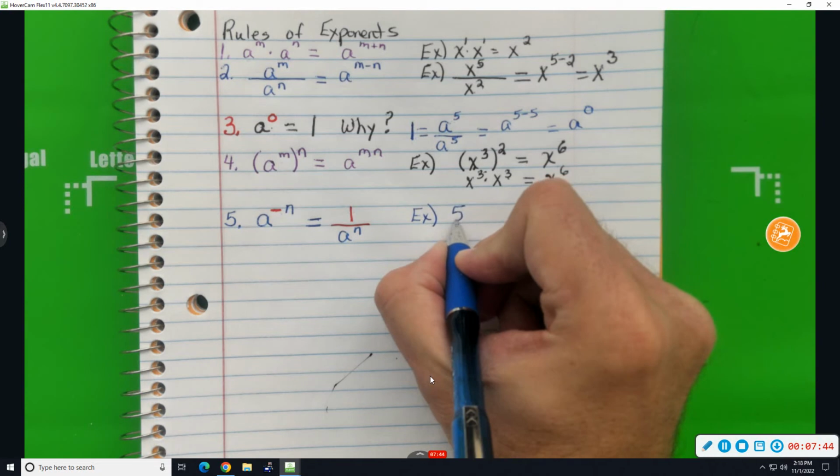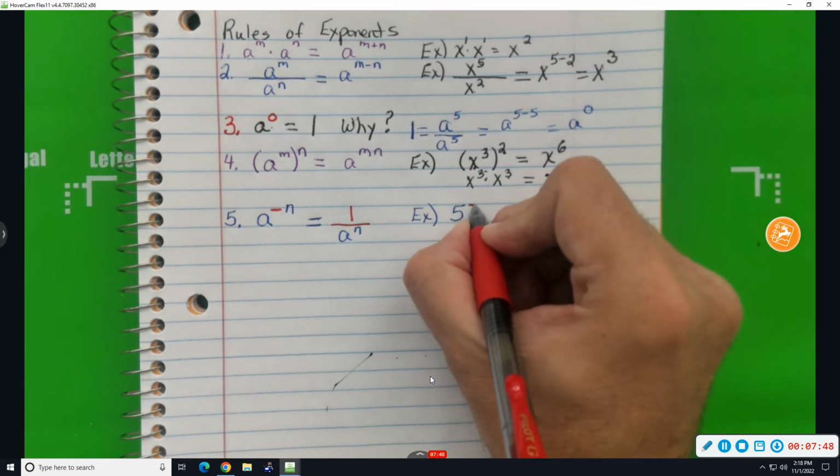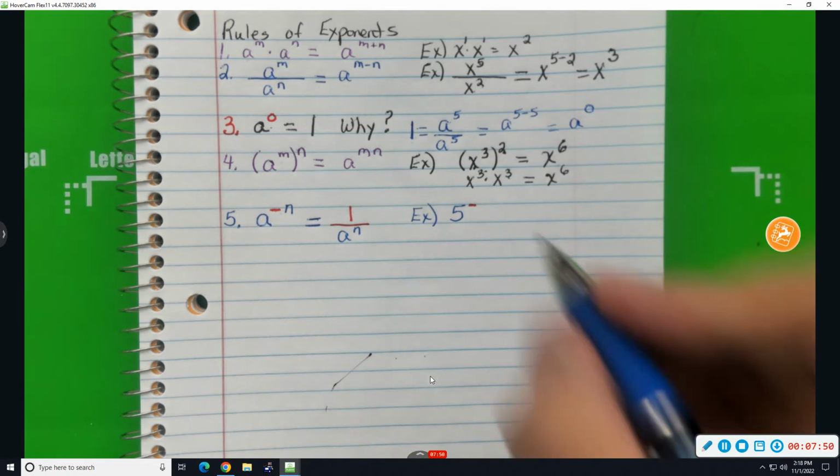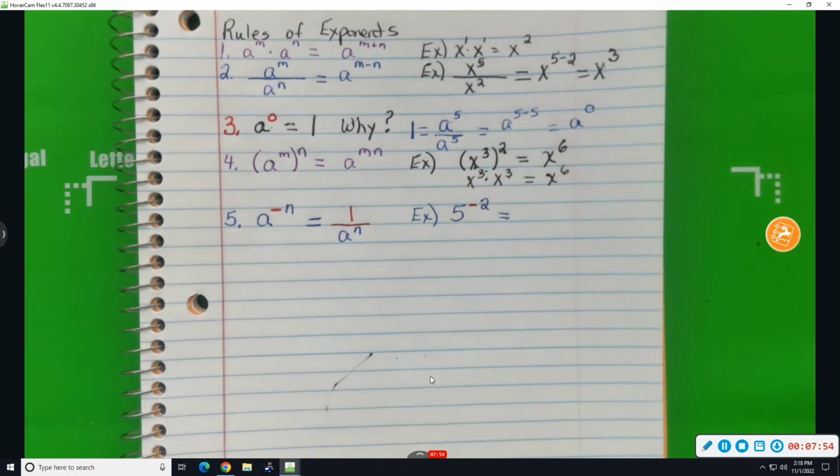Suppose we were trying to simplify 5 to the negative 2 power. Well, what are some of the wrong answers? Some of the wrong answers would be maybe negative 25 or negative 10. It's not negative anything.